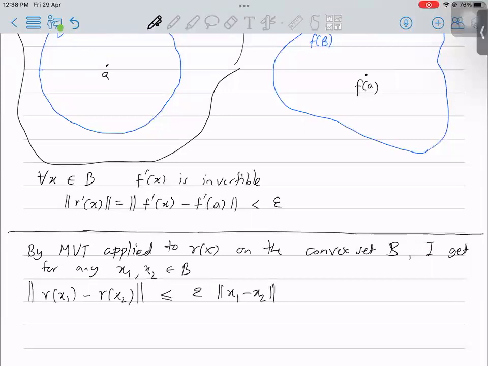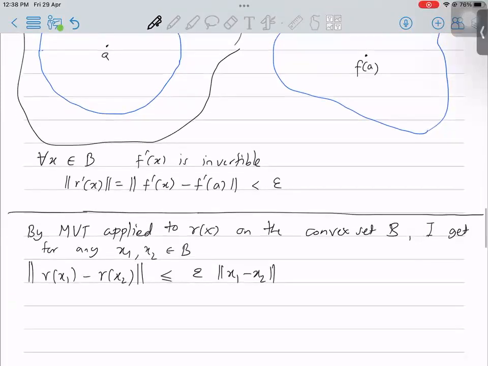But I know exactly what R is, so I can simply plug in what R of x1 minus R of x2 is, right? So this is equal to the norm of what? f of x1 minus f of x2 minus f prime of a applied to x1 minus x2.